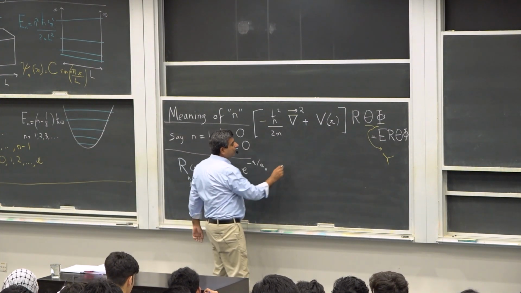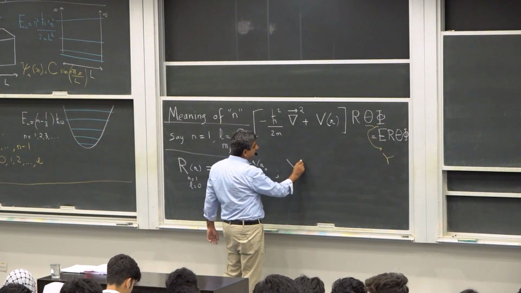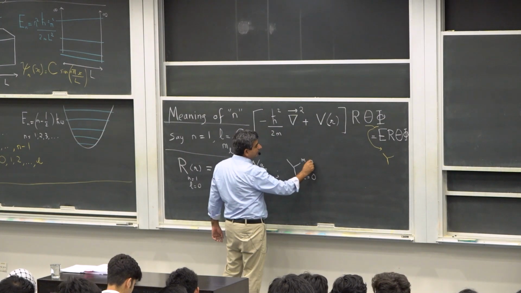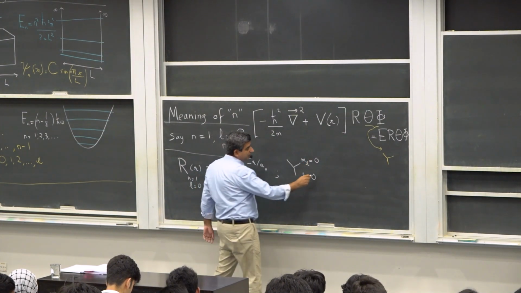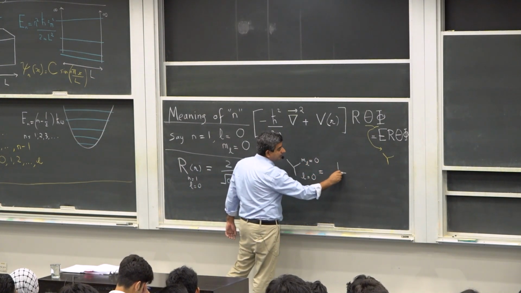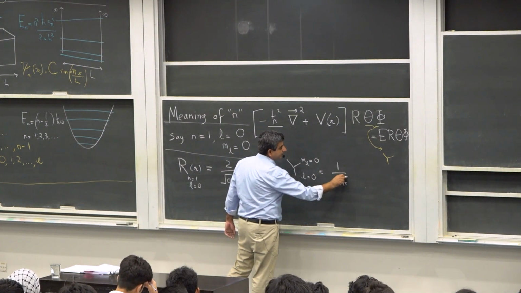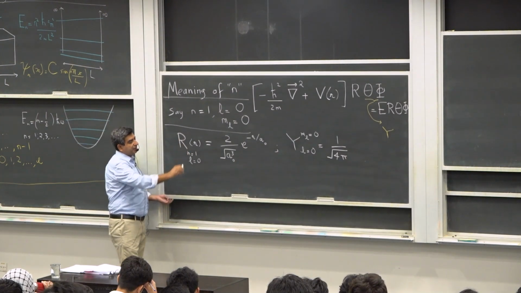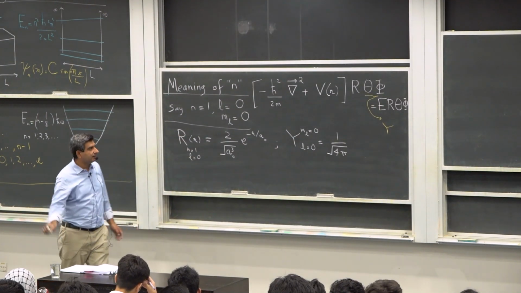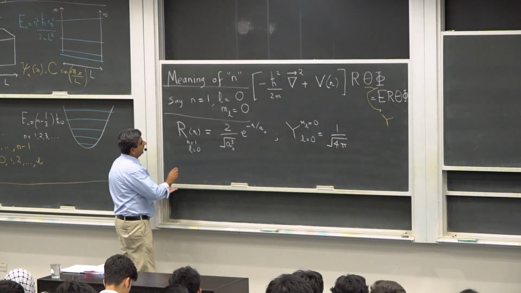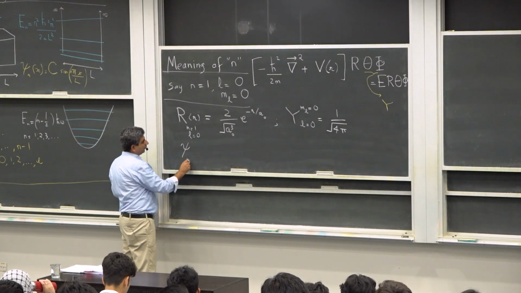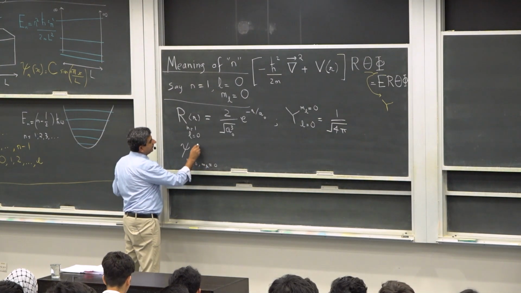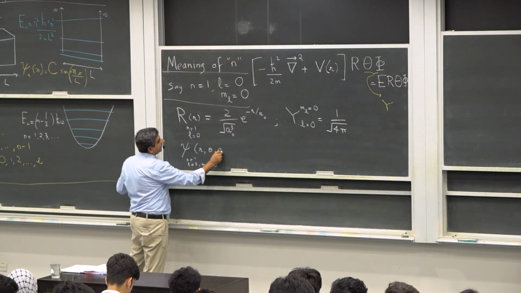What is Y for L equals 0, ml equals 0? What is this thing? 1 over... So for this combination of n, L and ml, my ground state is psi n1 L0 ml0 of r, theta and phi.